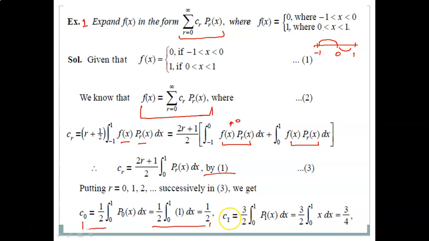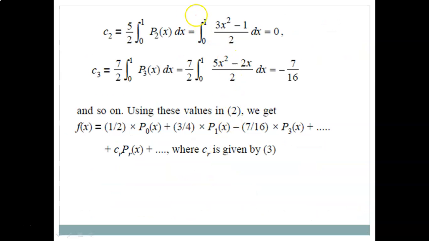Similarly, for c_1 you put P_1(x), which is x. After simplification, the value of c_1 comes out to be 3 by 4. Further, in a similar manner c_2 involves P_2, and after integration it gives you 0. Similarly for c_3 you put P_3, and after simplification you get minus 7 by 16, and so on.